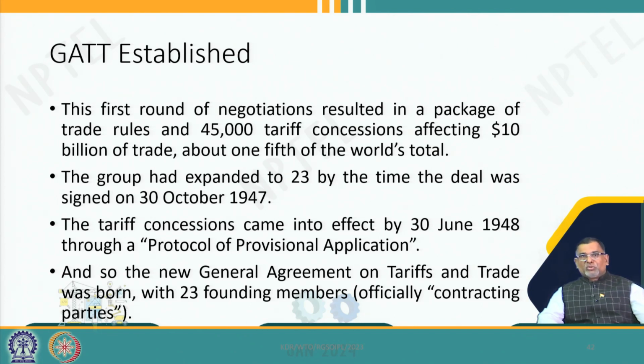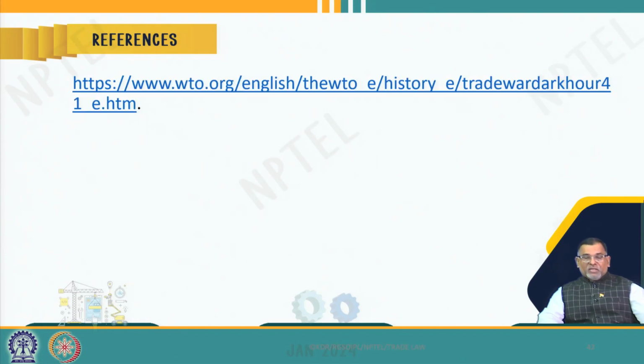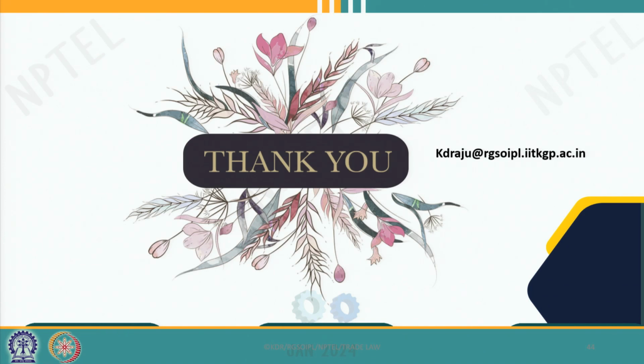We already talked about the tariff concessions and what their effect was. The formation of GATT was a watershed in the history of the formation of the World Trade Organization. The circumstances, especially the First World War and the Second World War, contributed to the formation of the Bretton Woods institutions.